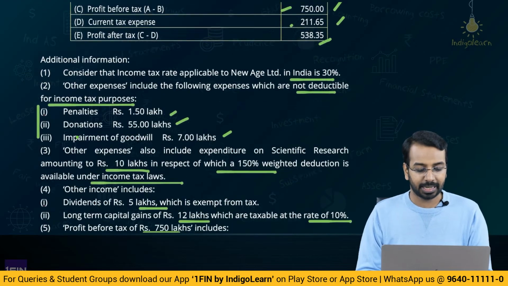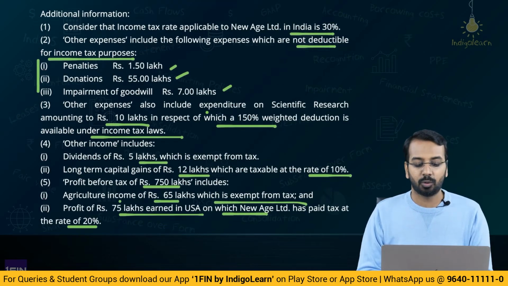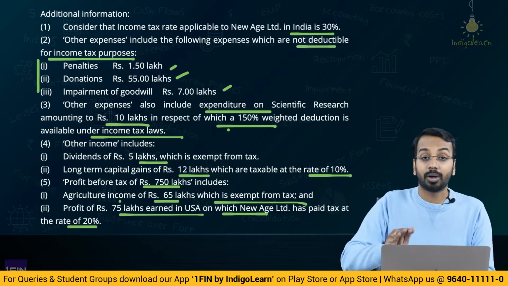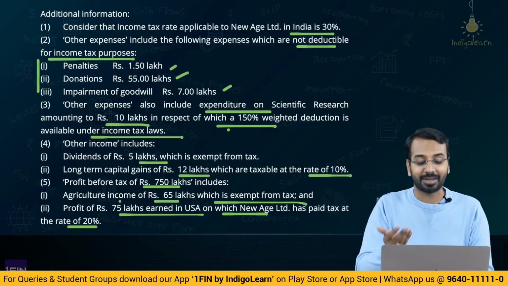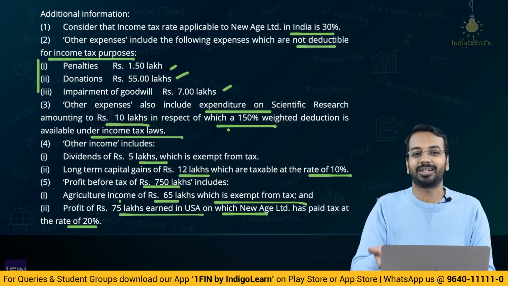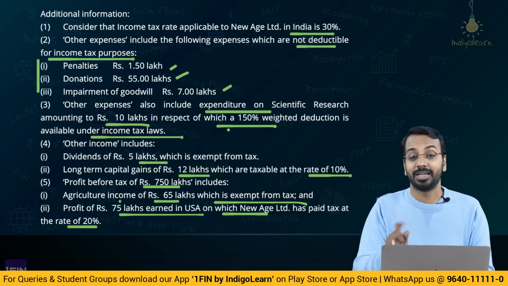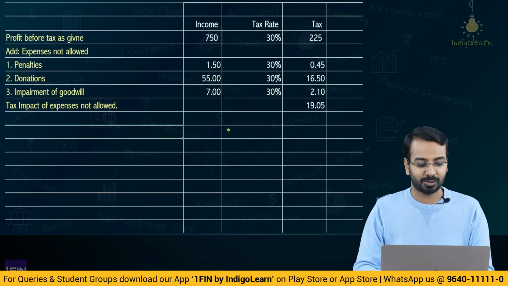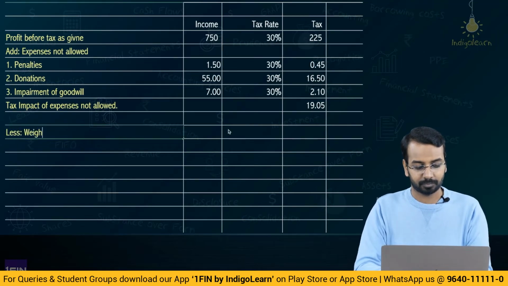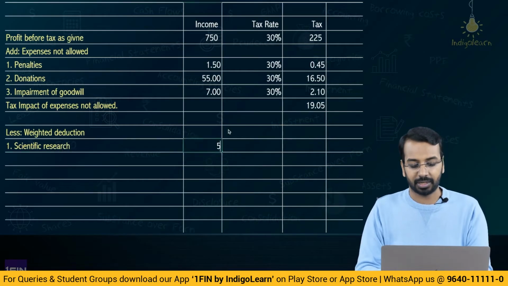Moving on, second category, other expenses include expenditure on scientific research amounting to 10 lakhs, in respect of which 150% weighted deduction is available. Means what? You will get extra deduction of how much? 5 lakhs, which will reduce our tax expense. So weighted deduction, scientific research, how much? 5 lakhs you will get extra deduction.